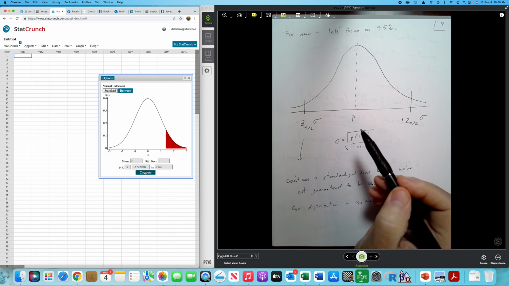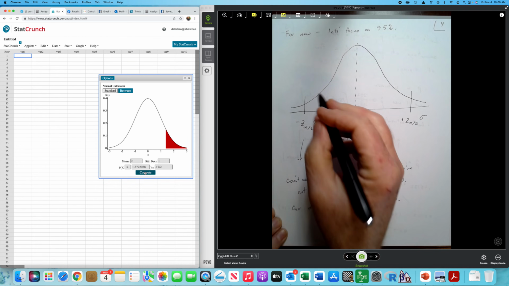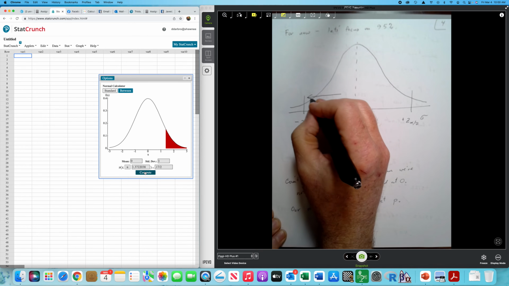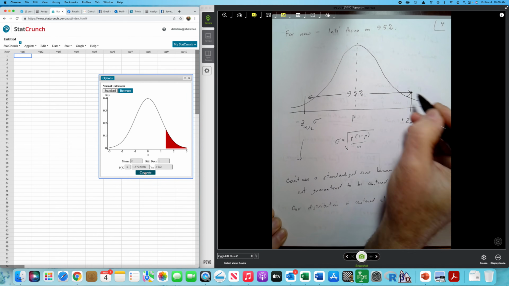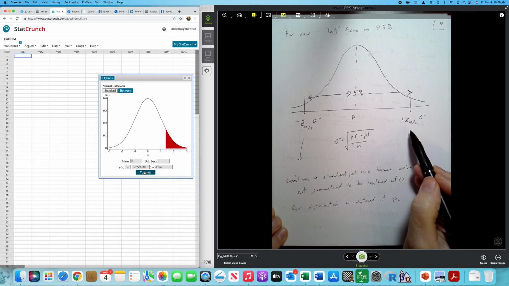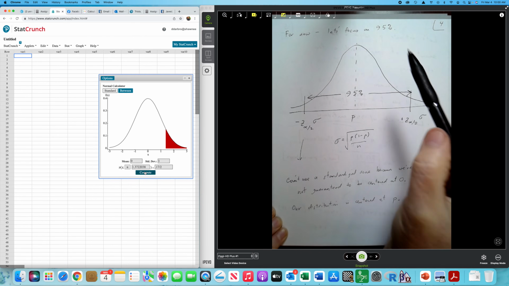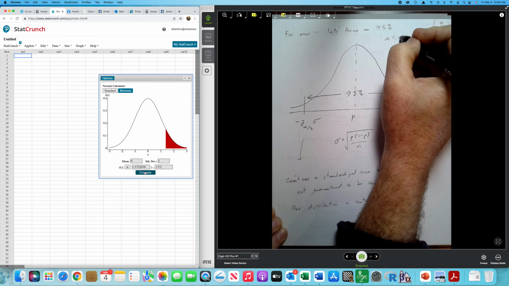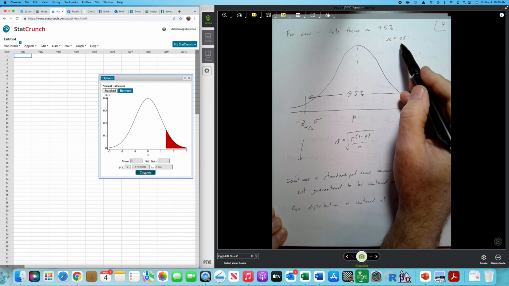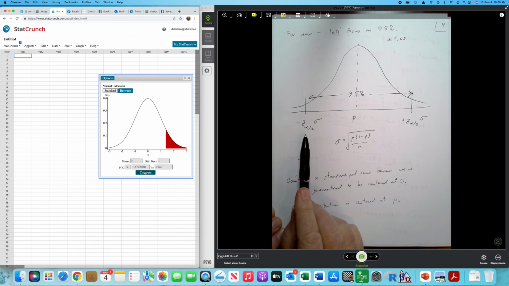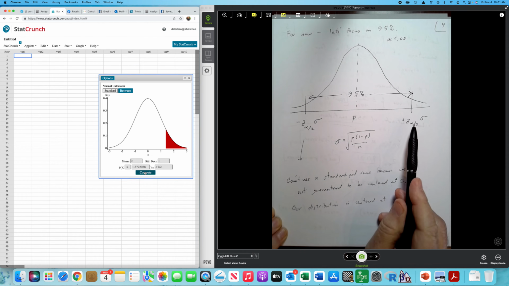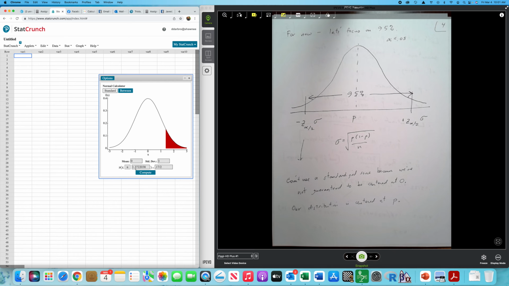We know that negative z alpha over 2 and positive z alpha over 2, again, alpha is going to be 0.05 because 0.05 plus 0.95 is equal to 1. Okay, so we know that from negative z alpha over 2 to positive z alpha over 2, we have to have 95% of our distribution. Let's just check it out.